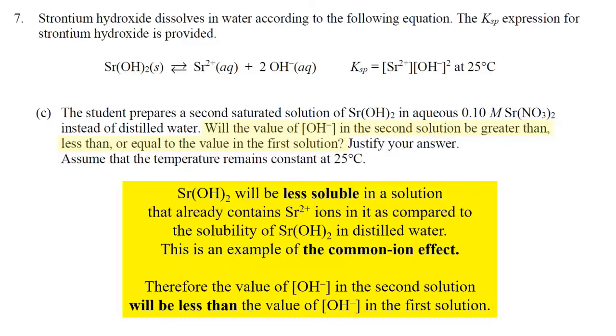Strontium hydroxide will be less soluble in a solution that already contains strontium ions in it as compared to the solubility of strontium hydroxide in distilled water. And this is an example of the common ion effect. So therefore, the value of the concentration of the hydroxide ion in the second solution will be less than the value of the concentration of hydroxide in the first solution.